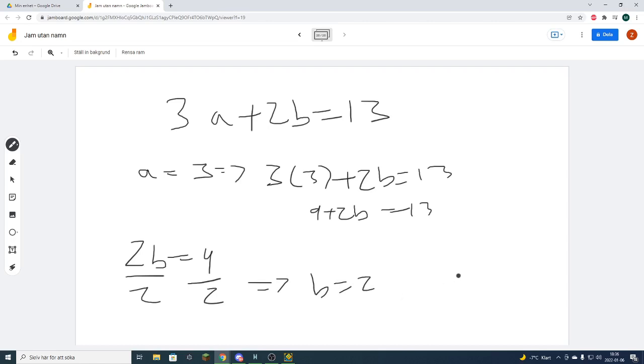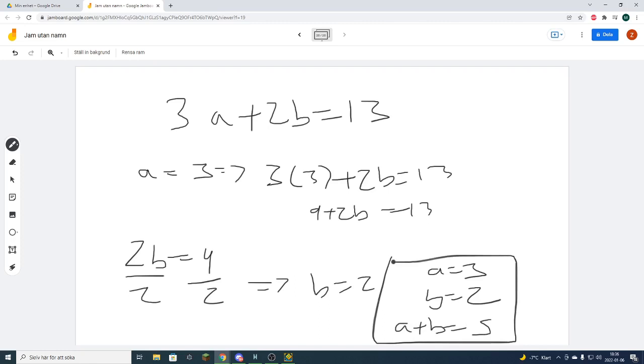And so your answer is a equals 3, b equals 2, and thus a plus b is equal to 3 plus 2, which is 5. So there's our answer. a plus b is equal to 5.